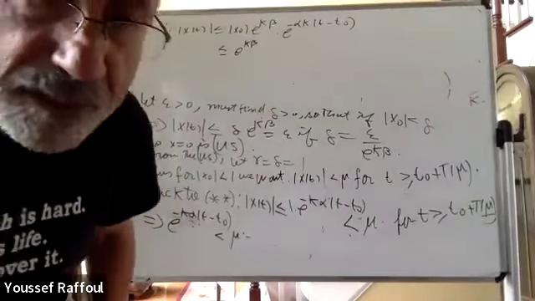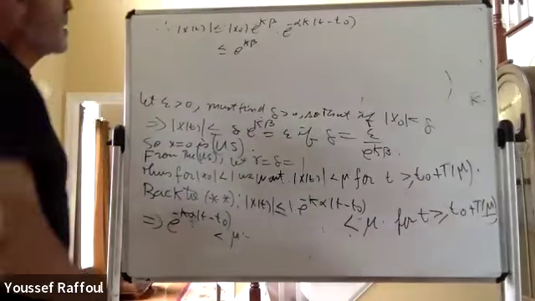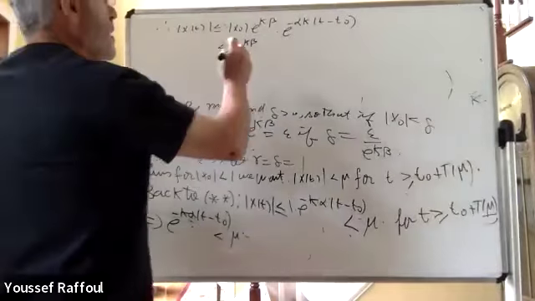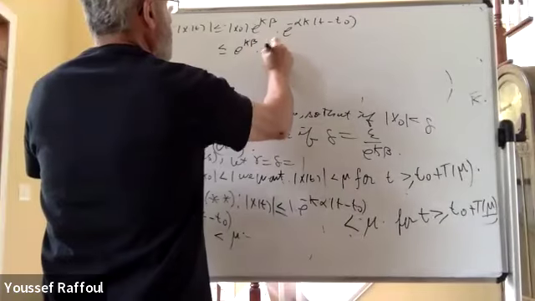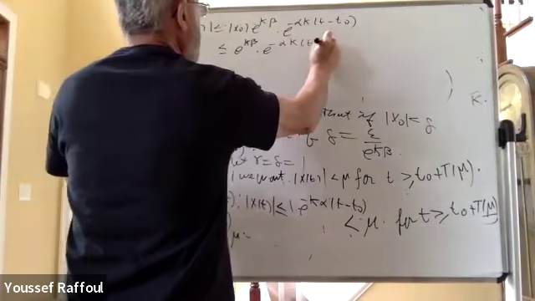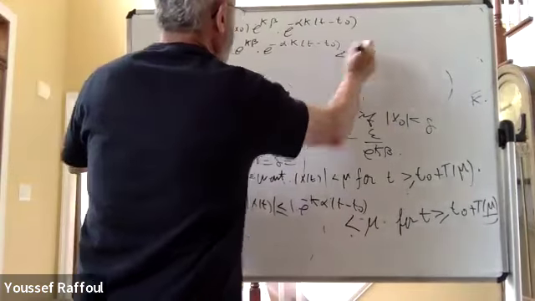And then I want e to the minus alpha k (t minus t naught) to be less than mu.